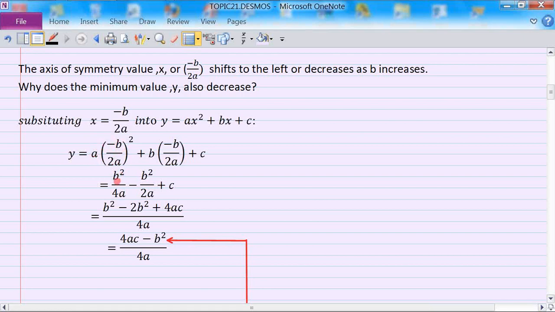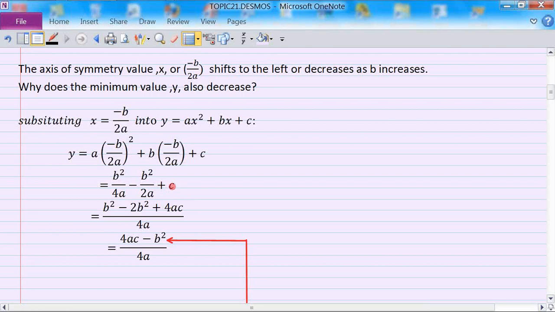When we work this out together, we get b squared over 4a. This one becomes minus b squared over 2a. And of course, this doesn't change, it's c all the way down. So now we take a common denominator of 4a, and the first term is still b squared because it's the same as that. We multiply this by 2 and get minus 2b squared.